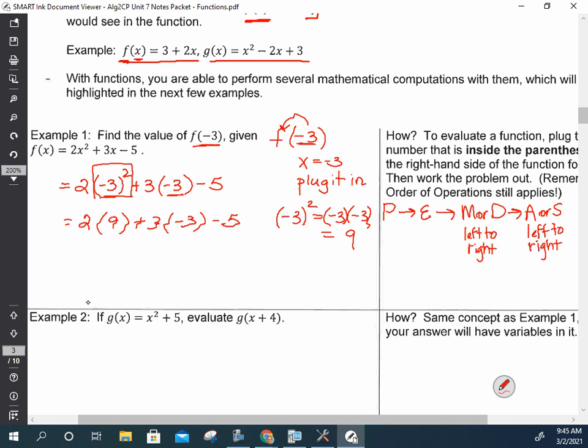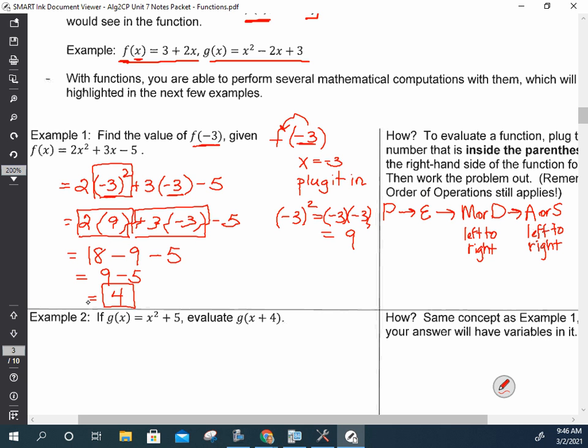So then it becomes doing the computation. 2 times 9 is 18. 3 times -3 is -9, minus 5. 18 minus 9 is 9. 9 minus 5 is 4.